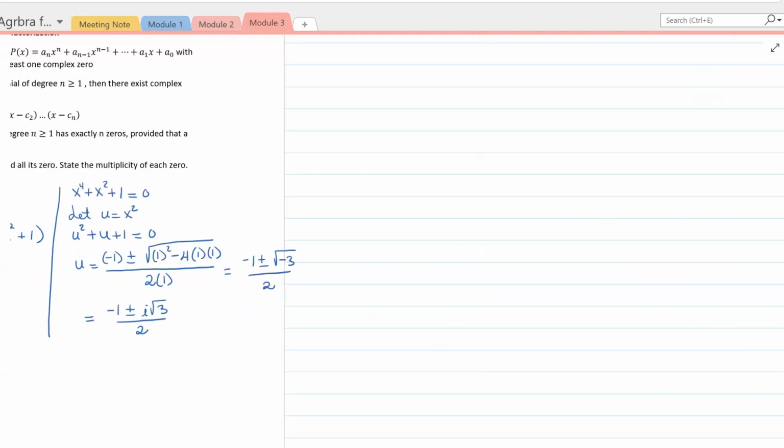So then it's telling me that u equals negative 1 plus i square root 3 over 2, and u equals negative 1 minus i times square root 3 over 2.